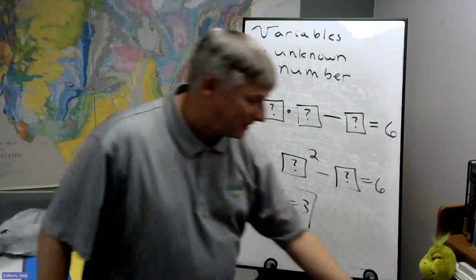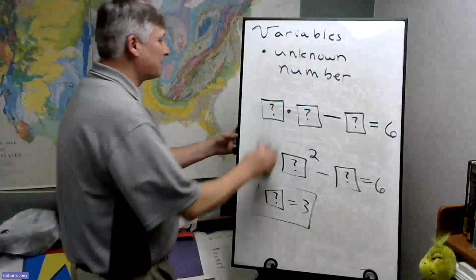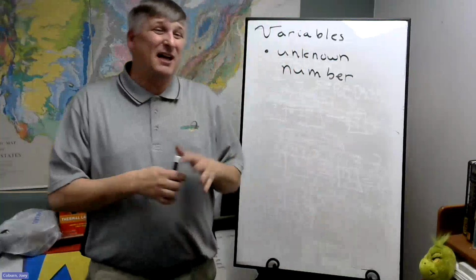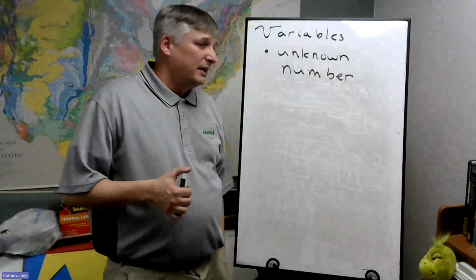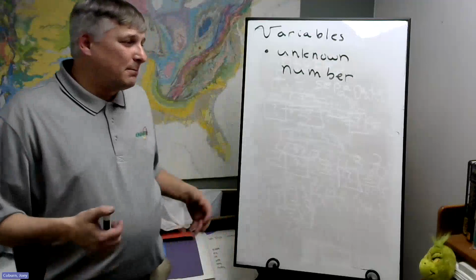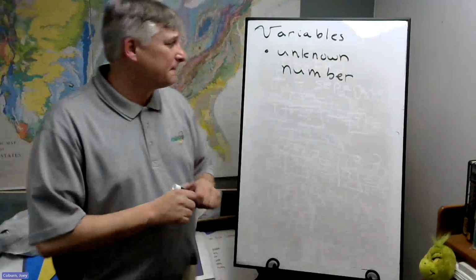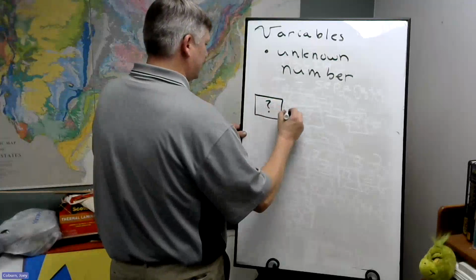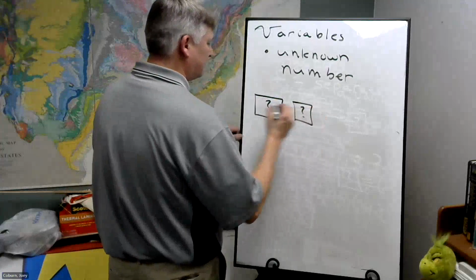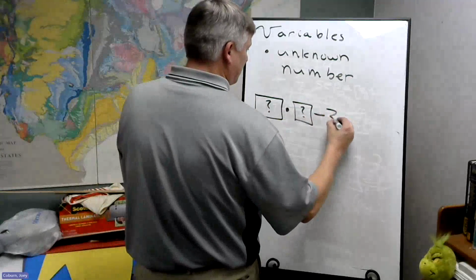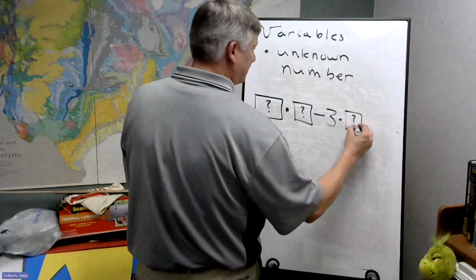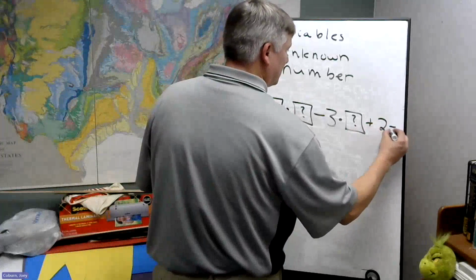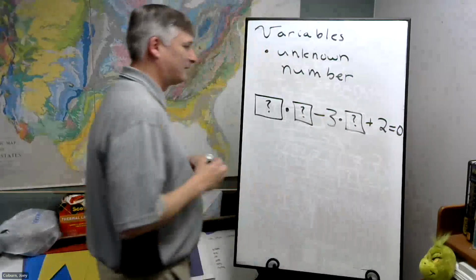Well, all right. So all variables are, it's a missing number. And you can try to guess these. Now, you might have realized that last one was kind of difficult. And they can get worse. At some point, guessing is going to be really hard. So you might have something like this. A number times itself minus 3 times that number, let's see, plus 2 is equal to 0.